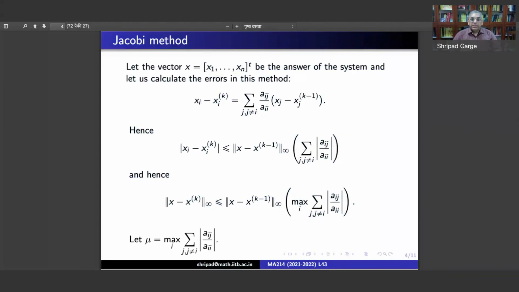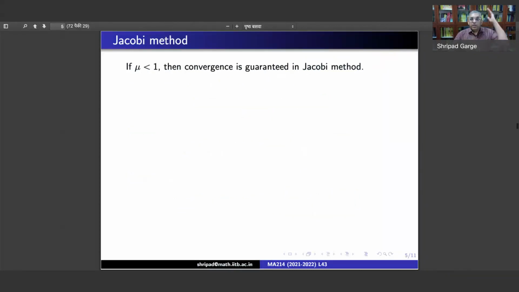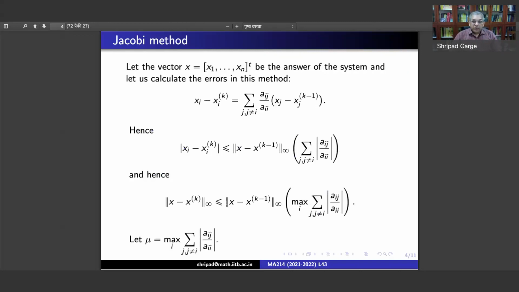It is the summation of |a_ij| upon |a_ii|, and then you take the maximum as i varies. If this mu is less than 1, then the convergence is guaranteed, because whatever distance you have here, you are going to make it smaller by multiplying by mu. So this right hand side actually goes to 0. If mu is less than 1, at every step you are going to multiply by 1 extra power of mu.